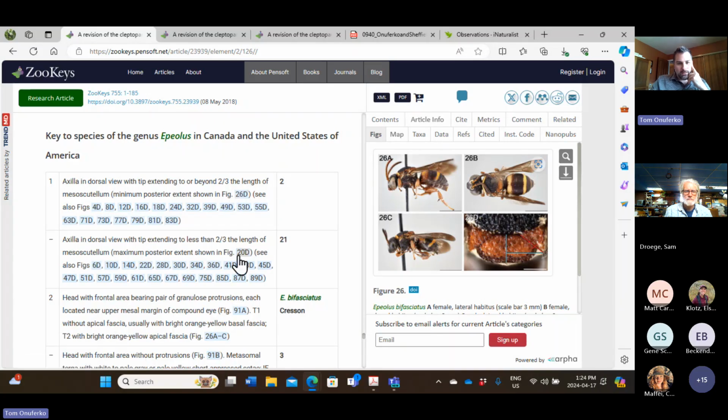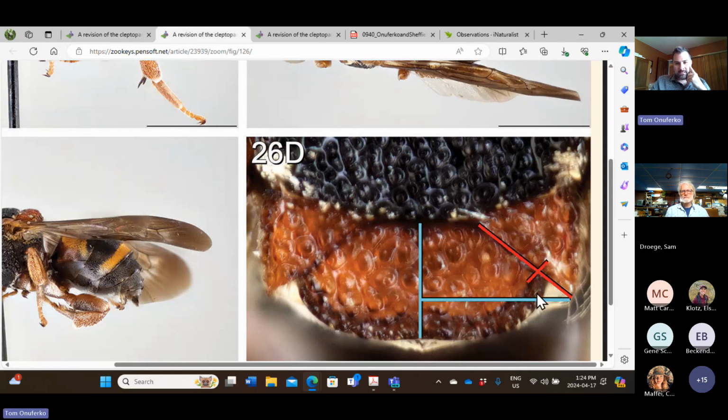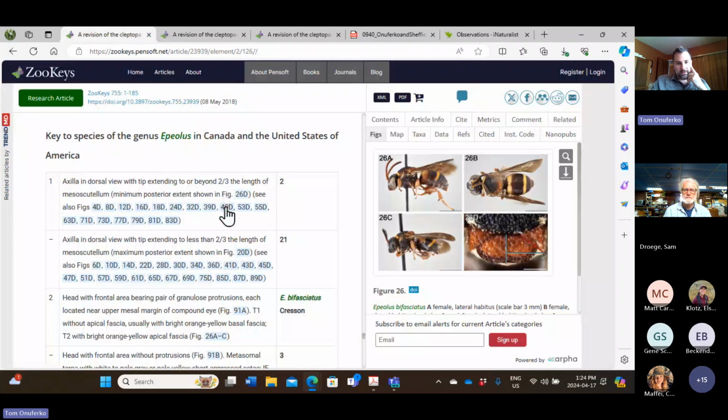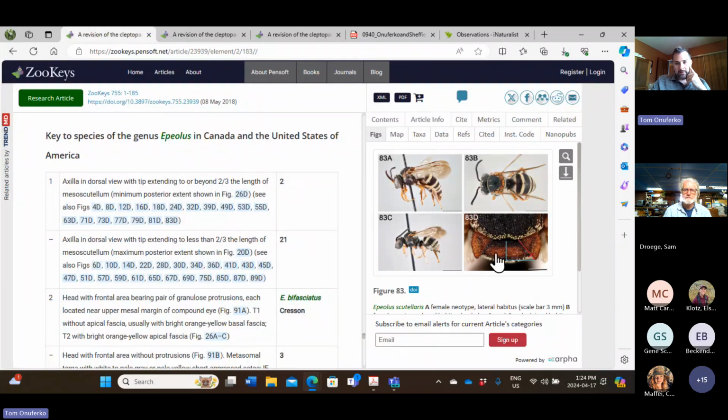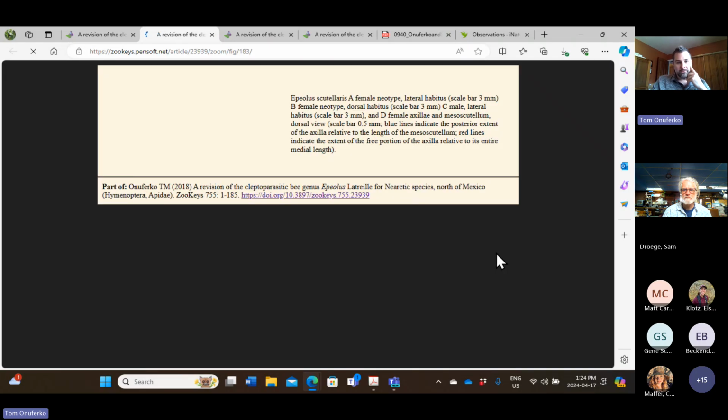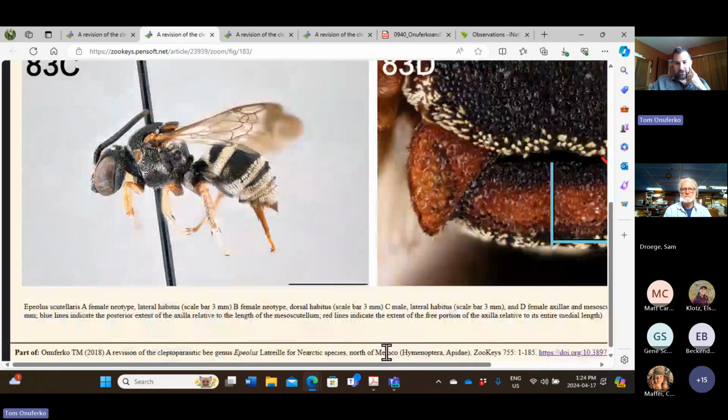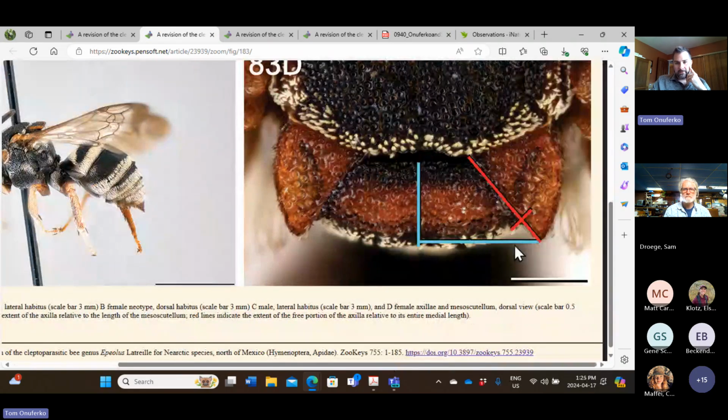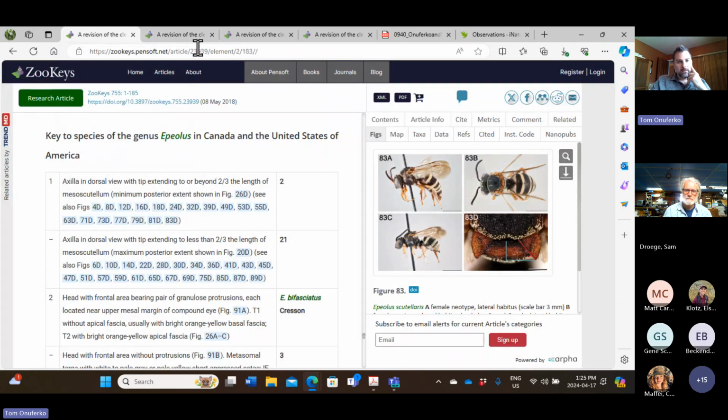And so here I show an example of the minimum posterior extent, and then you can look at examples of species where it goes even further than that. Here, like in Epeolus scutularis, it's pretty much at the posterior extent of the mesoscutellum. And then I'll just close these windows.